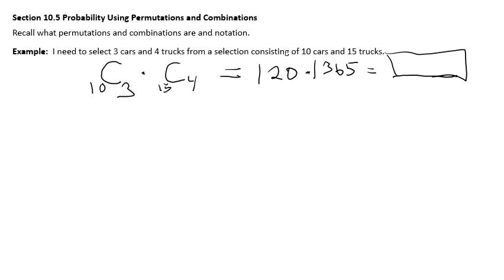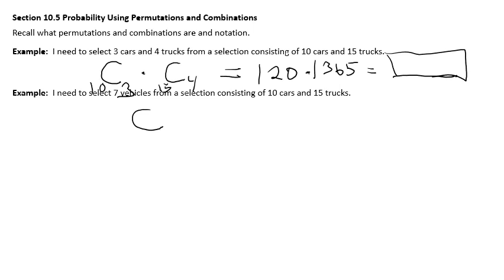The next one. I need to select 7 vehicles from a selection consisting of 10 cars and 15 trucks. So once again, I'm selecting items. There appears to be no order, and therefore this is a combination. Now, I didn't say I needed 3 cars, 4 trucks. I didn't say anything about they had to be so many cars, so many trucks.